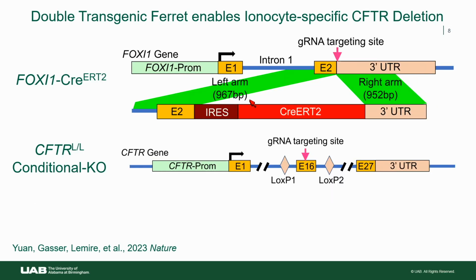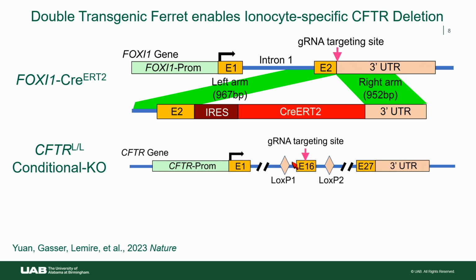So in 2023 in a Nature paper, we reported two different transgenic ferret lines. One is the FOXI1 CreERT2, which is a tamoxifen inducible Cre driver. So we inserted CreERT2 into the 3' UTR of the FOXI1 gene. And the other transgenic ferret we made is a Cre responsive CFTR floxed ferret.